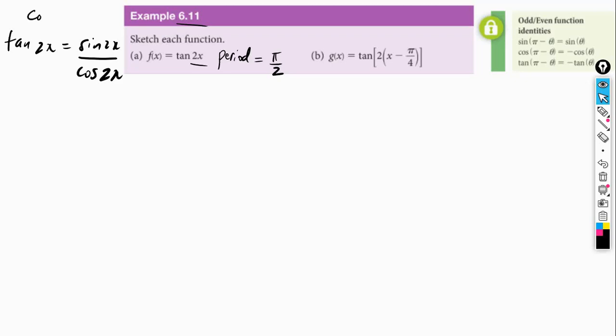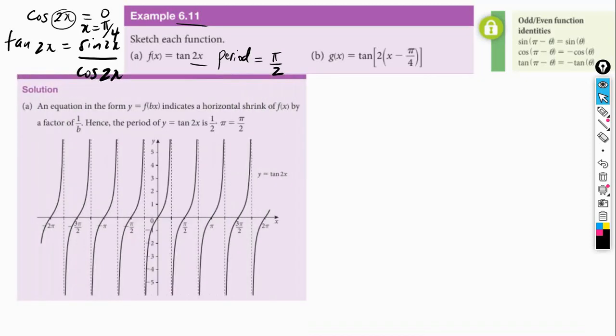So cosine of 2x is equal to 0. This occurs where this is equal to pi halves. So that means that it's going to be undefined for x equals pi fourths and every pi half period after that. So let's take a look at the graph.